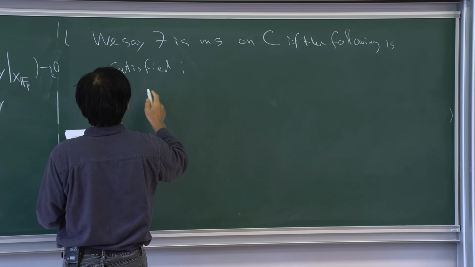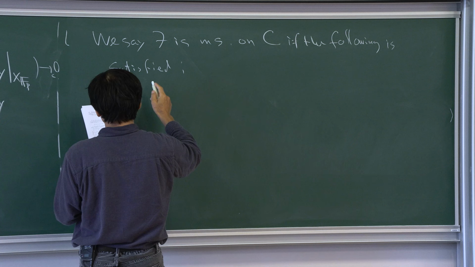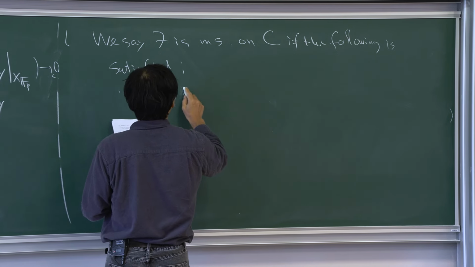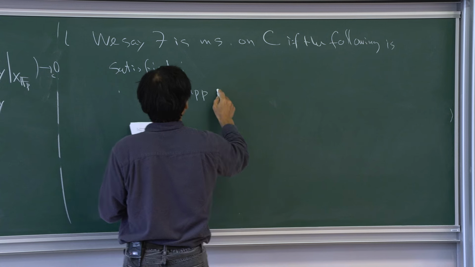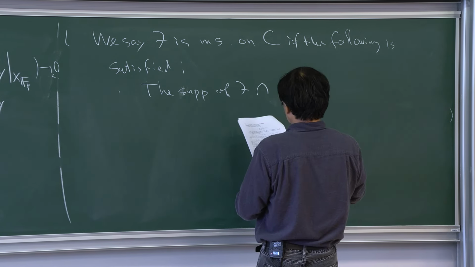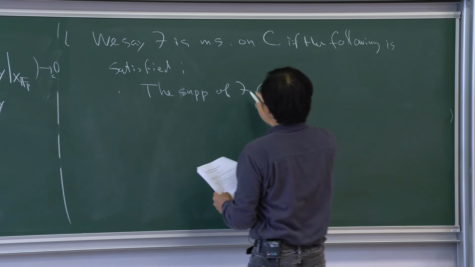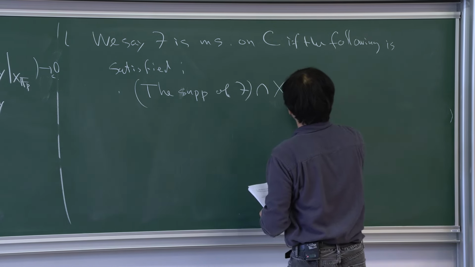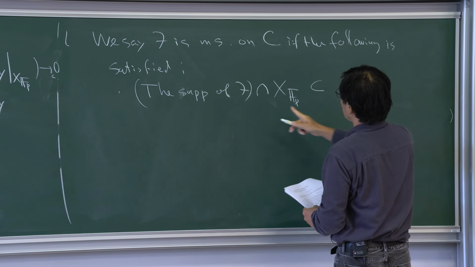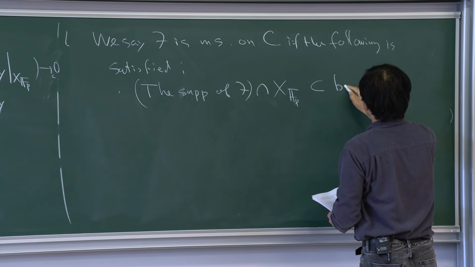First, I need to impose a condition on the support. The Frobenius Witt cotangent bundle is defined only on the closed fiber, the characteristic p fiber, so I have to take the restriction, and this must be a subset of the base of C.